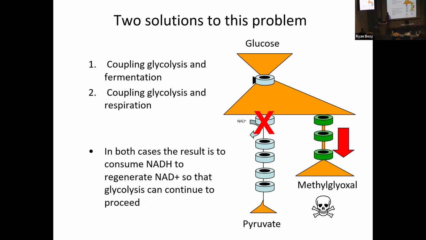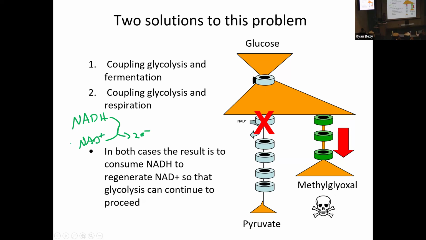With glycolysis, though, any organism that has glycolysis couples it to either fermentation or respiration reactions. In either case, one of the functions of either fermentation or respiration is to use up NADH. But again, if you use up NADH, you take electrons off of it, and that recycles it back to NAD+. Okay?